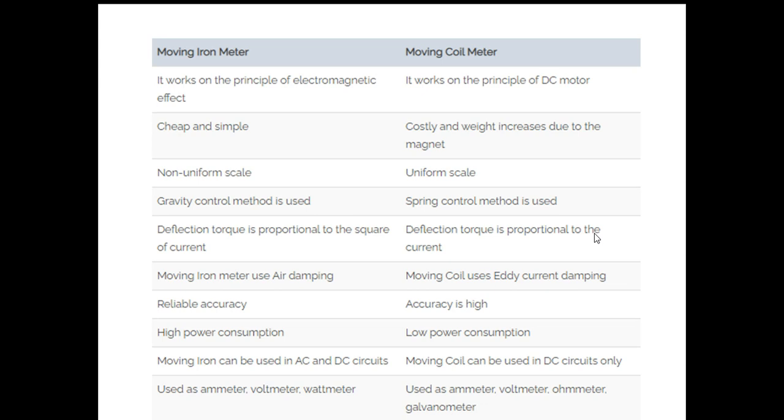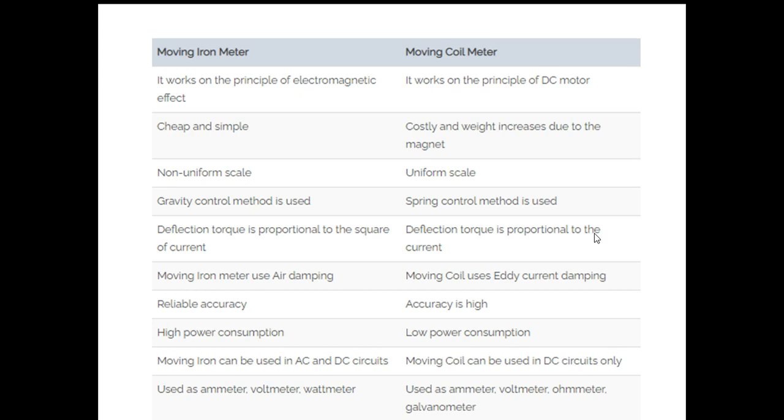Now we will see a comparison between the moving iron instrument and the moving coil instrument. The moving iron instrument works on the principle of electromagnetic effect, and the moving coil works on Lorentz law, that is the DC motor principle. Moving iron is cheaper and simple, whereas moving coil is costly and heavier.